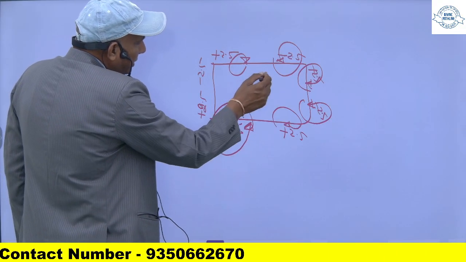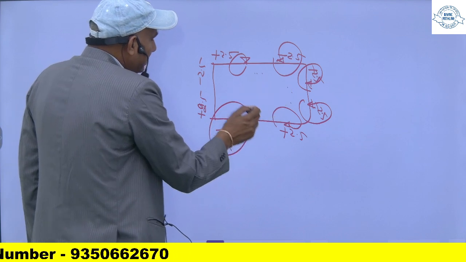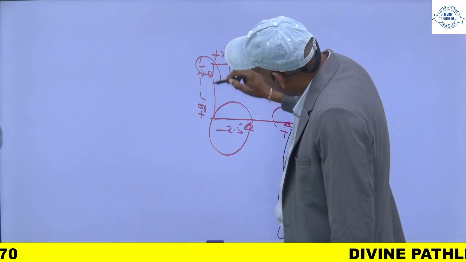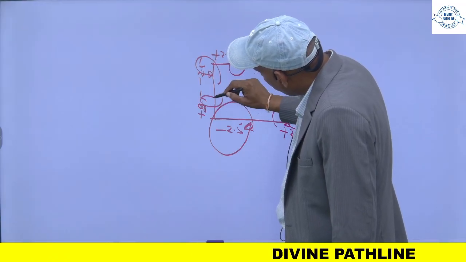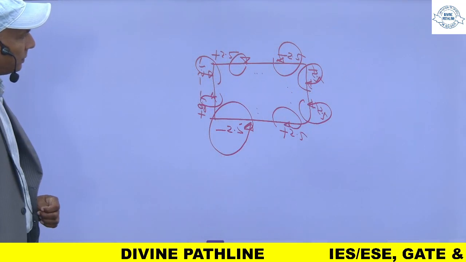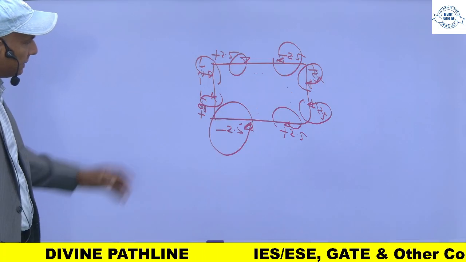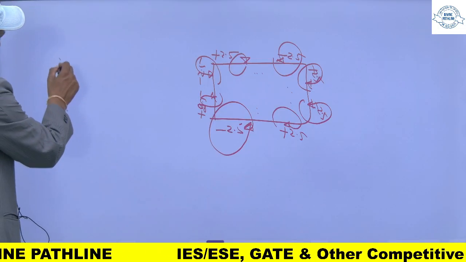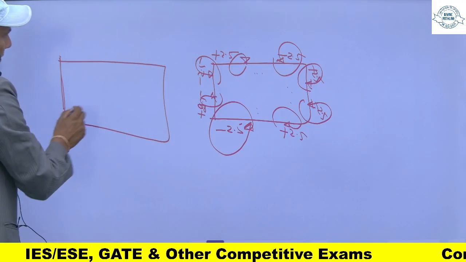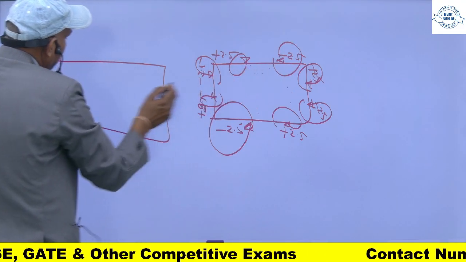So you have to see by standing here. So this is my bending moment diagram. If you draw it, it will be like this. In the direction of the arrow you can see.